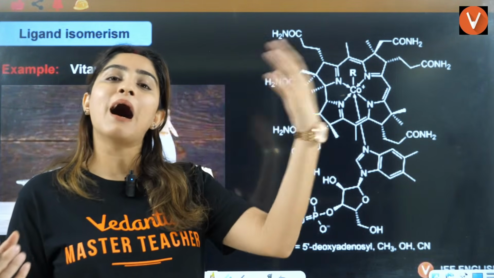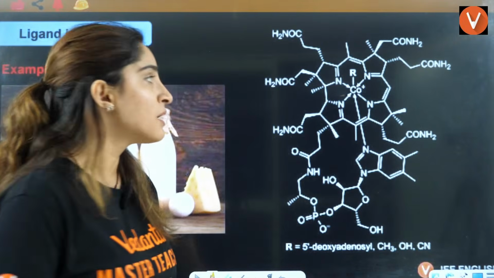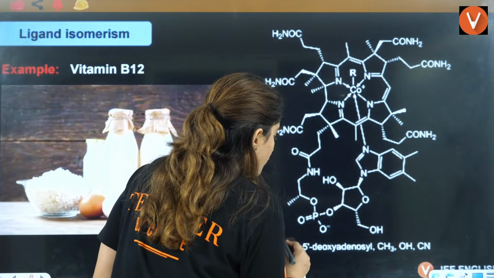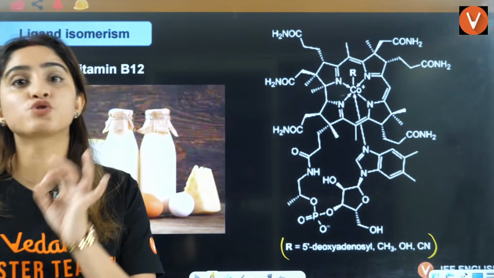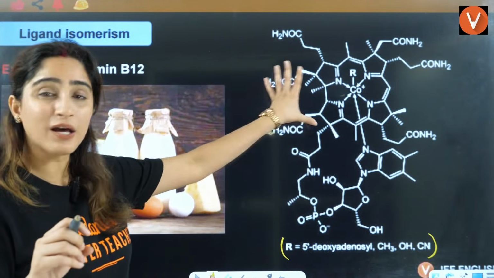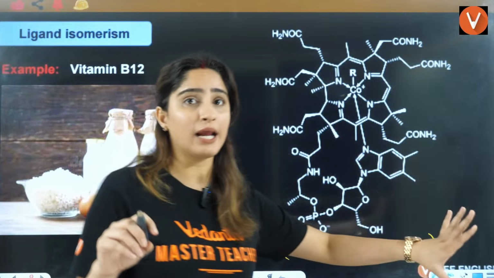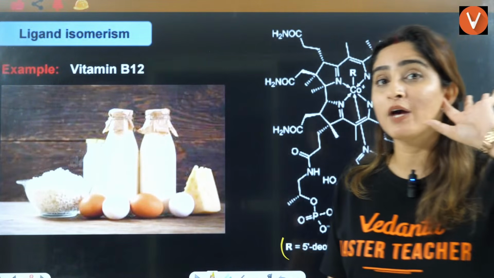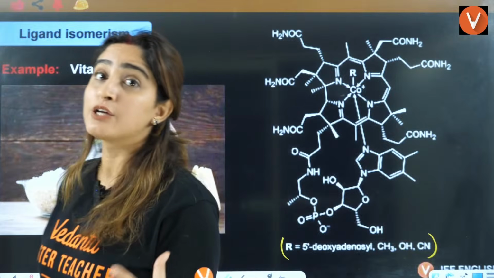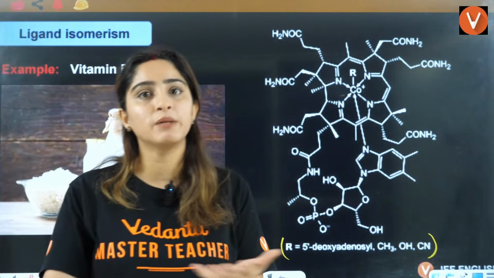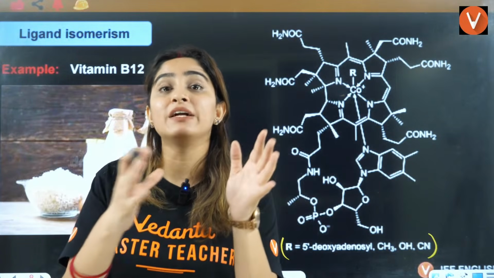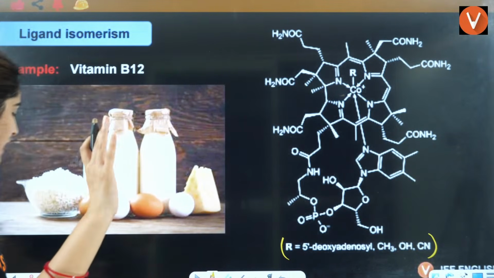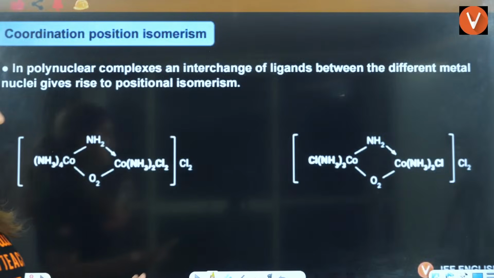Definitely some part of some question it can be, right? So vitamin B12 has total 7 isomers, right? And this is one of the isomers that it is showing. So vitamin B12 has different ligand isomers. It's just an extra point that I'm telling you, right?